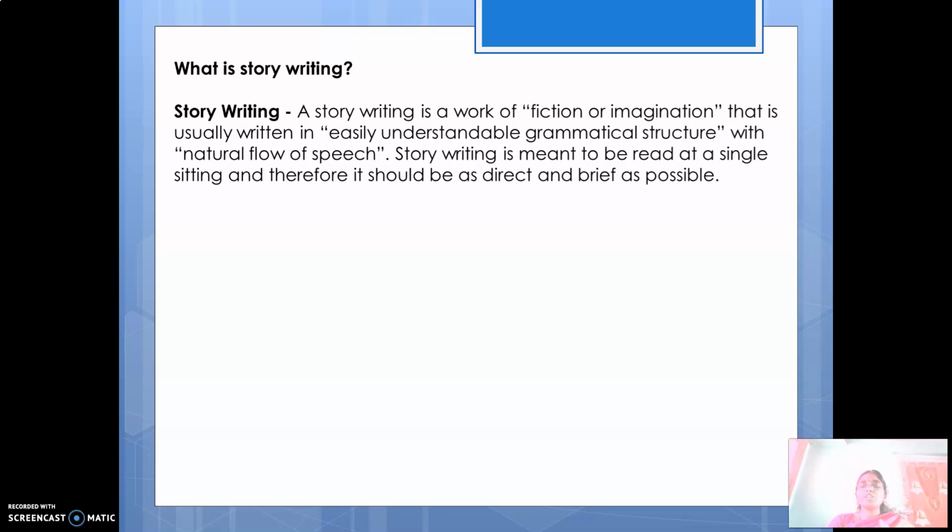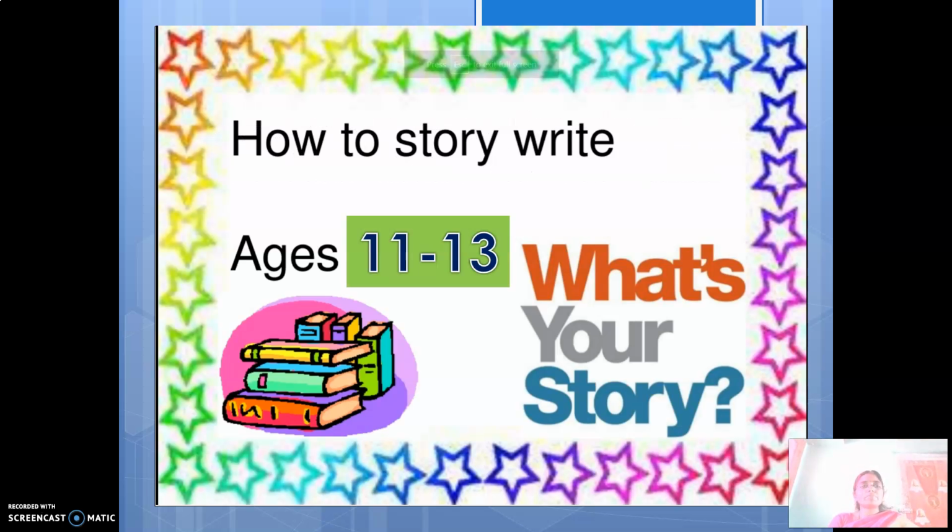Story writing is meant to be read at a single sitting, and therefore it should be as direct and as brief as possible, right? You are going to develop your story writing skill in this session. How to write a story, that is what, right?